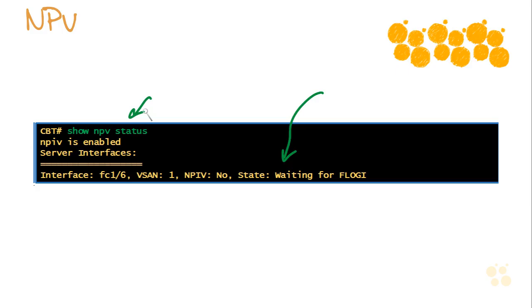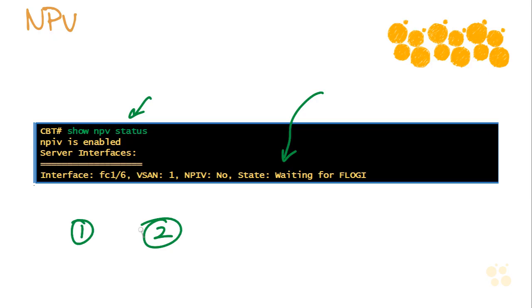First, verify the configuration of both the NPV edge and core switches. If you are not running the fabric port trunking feature, then verify that there are no vSAN mismatches. Verify that the server ports, NPV NP ports, NPIV core F ports, and storage ports are all in the same vSAN and are online. So that would be our step 1.